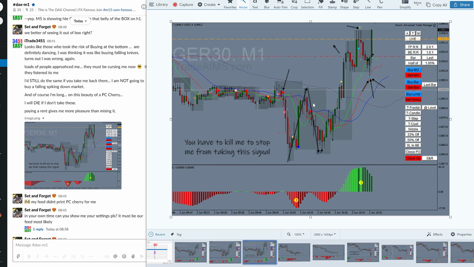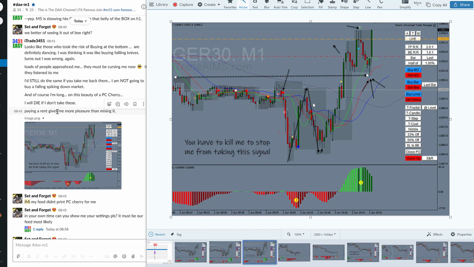A proper trend up. And then within that, when it does a PC and it does it above, when it breaks the range and then comes back to retest that range, and then it gives me this, I definitely take it. I will die but miss this. You have to kill me in order to stop me from taking this.